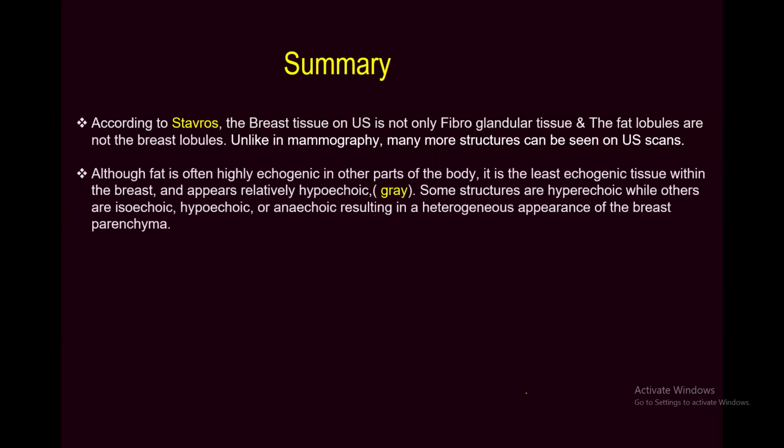Although fat is often highly echogenic in other parts of the body, it is the least echogenic tissue within the breast and appears relatively hypoechoic to the fibroglandular parenchyma, but actually it is intermediate gray echogenicity, and it is our reference for other structures and lesions.